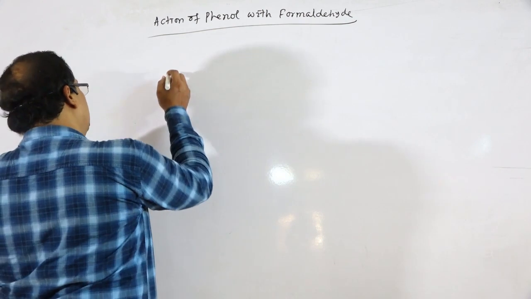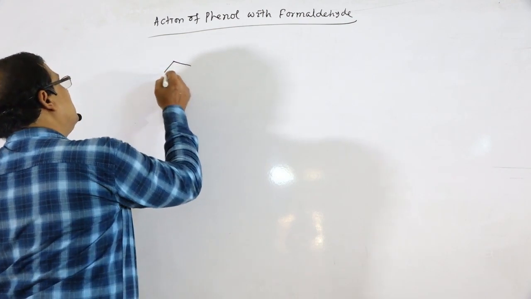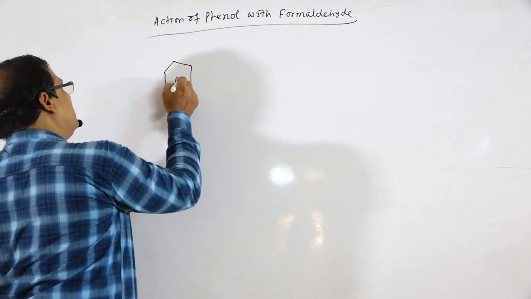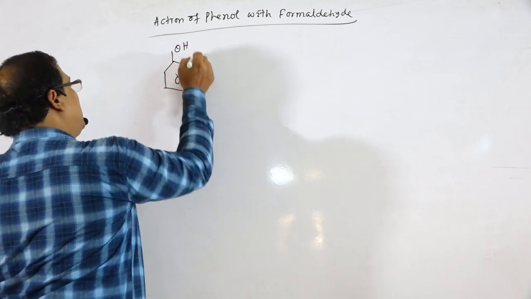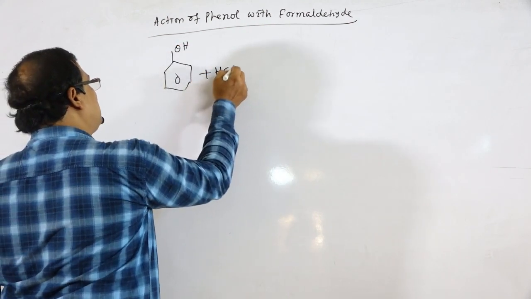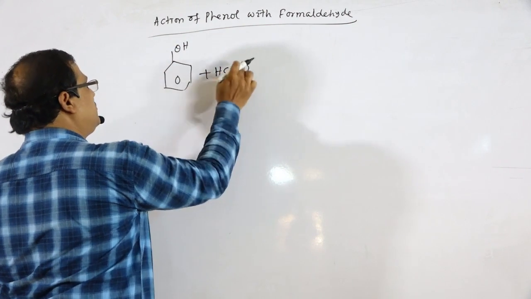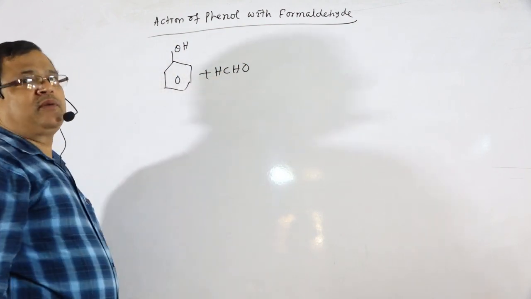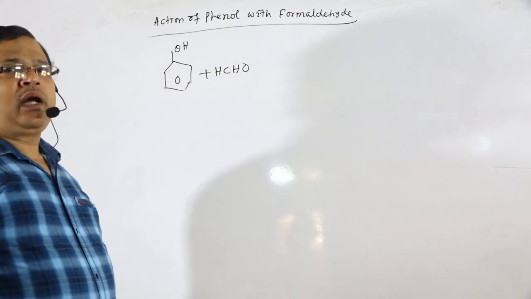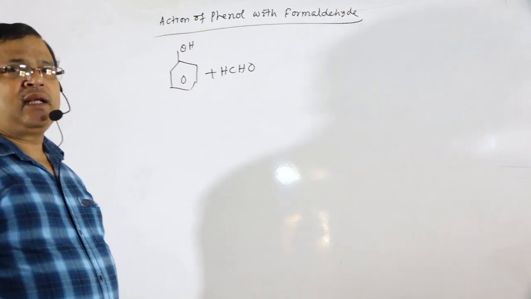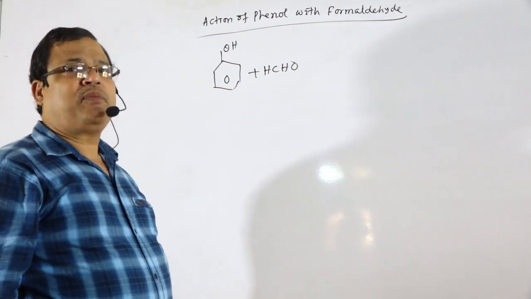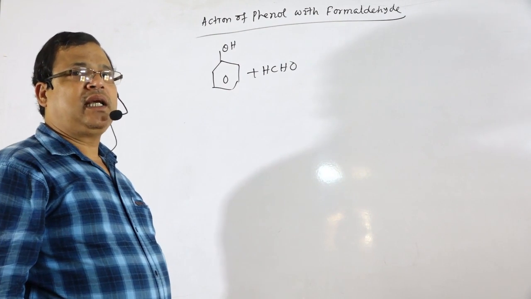So phenol first reacts with formaldehyde, HCHO. Phenol reacts with formaldehyde, so there is the formation of ortho-hydroxy benzyl alcohol or para-hydroxy benzyl alcohol.